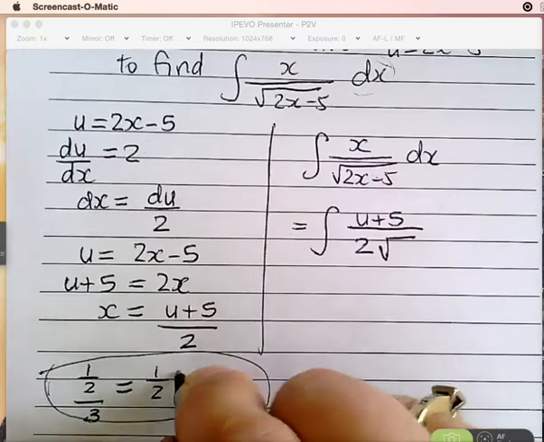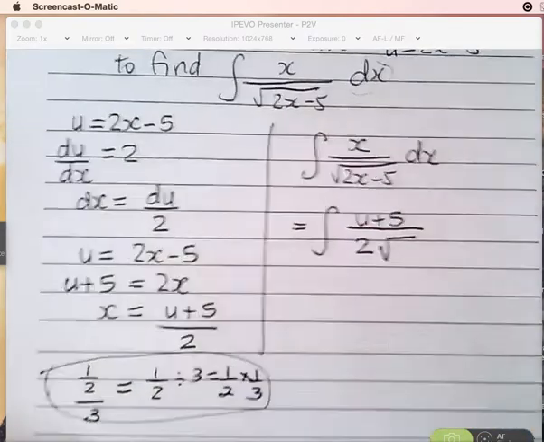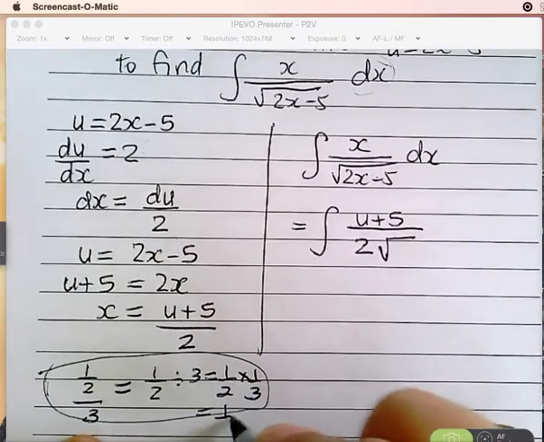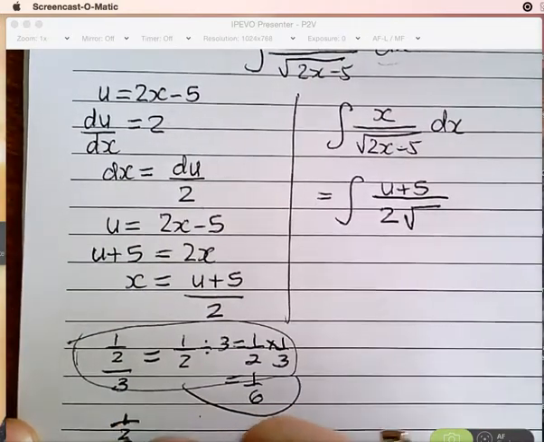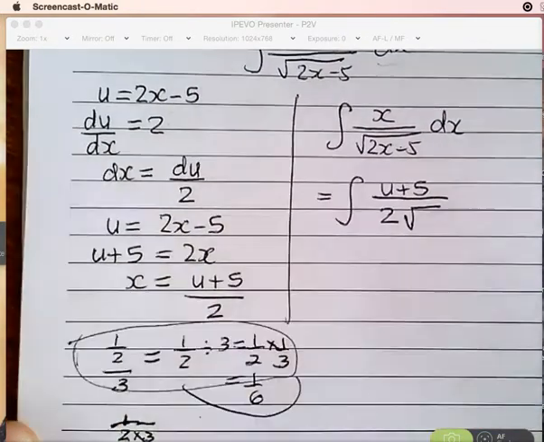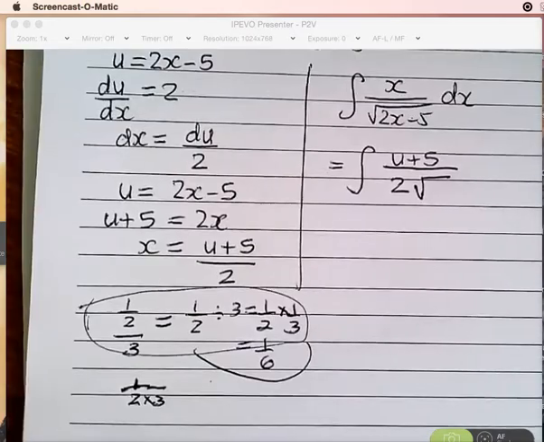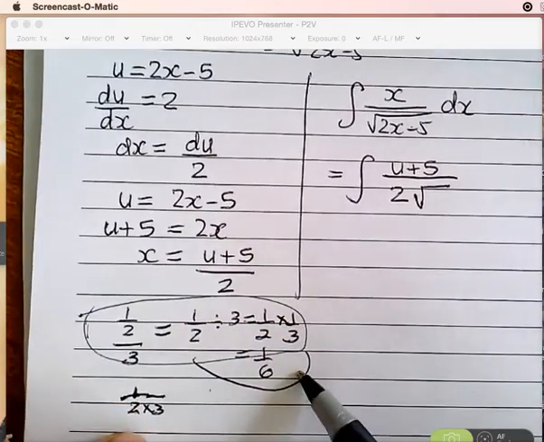A half divided by 3 is a half times a third. So next time you do a half divided by 3, it would be just better to do a half and put the 3 next to it. Whatever's at the bottom of the fraction stays with that 2 at the bottom. A half divided by 3, for example, is 1/6.